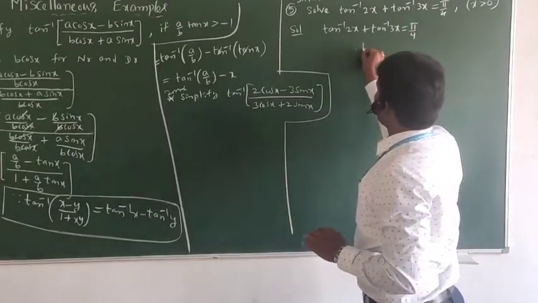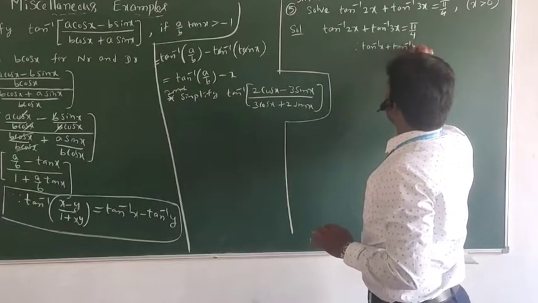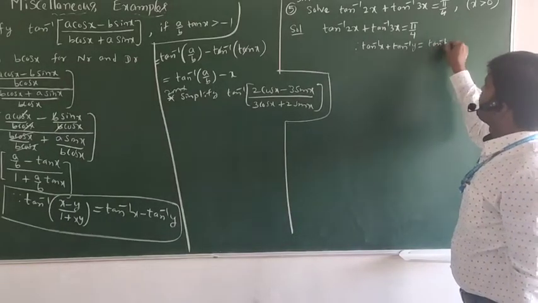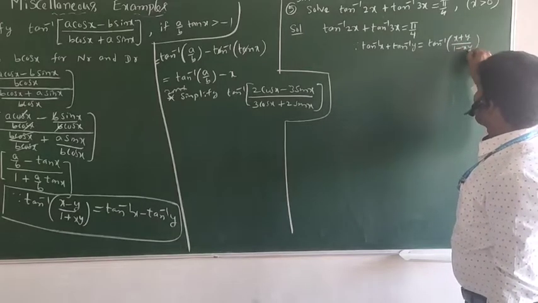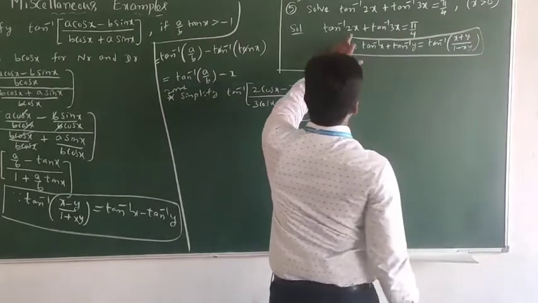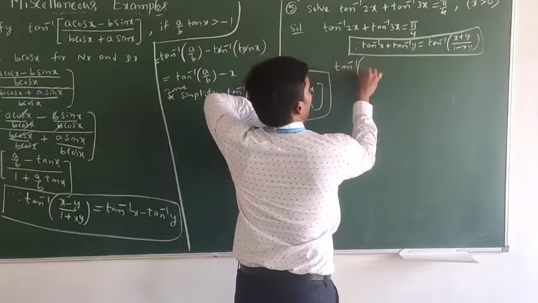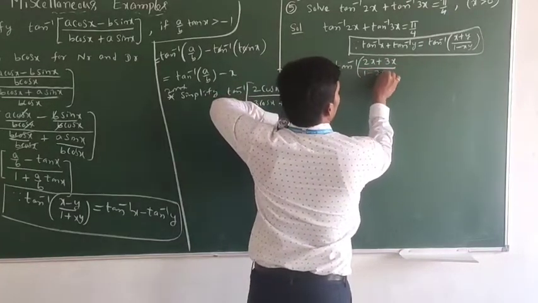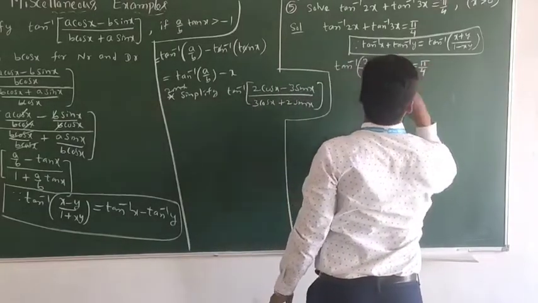It is clearly in the form of tan inverse x plus tan inverse y. What is the formula? Tan inverse of x plus y by 1 minus xy. Here x is 2x, in the place of y comes 3x. Tan inverse of 2x plus 3x by 1 minus 2x into 3x equal to pi by 4.